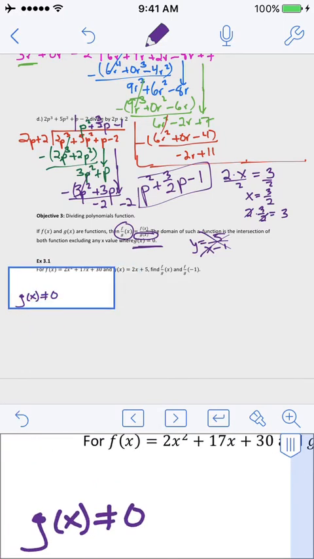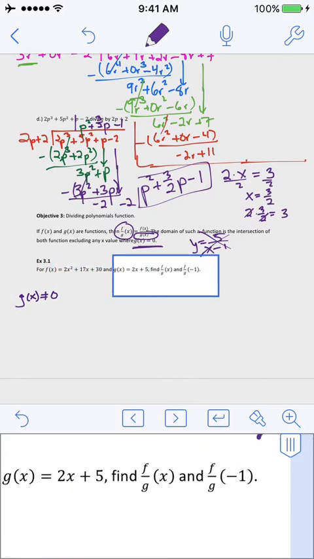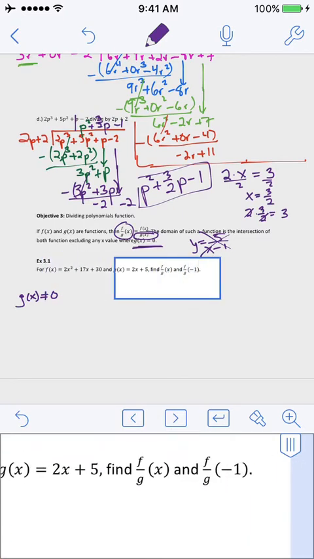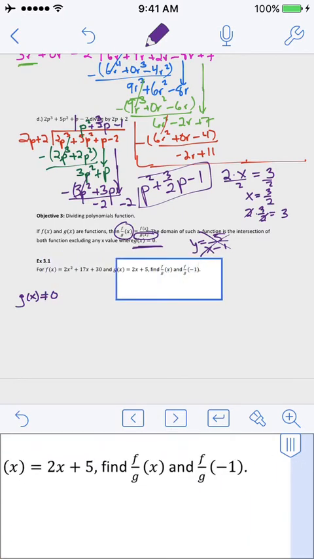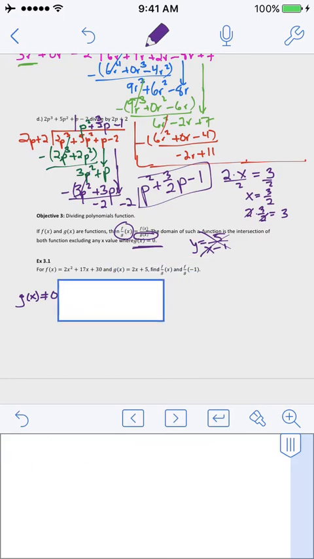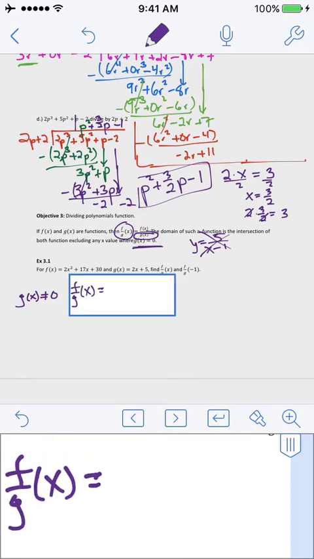Now that we've said that g of x cannot be 0, because we're trying to find f over g, f divided by g, we're going to do this the same way we've been doing any other function problem. We're going to plug in what we know to f and to g. So we have f divided by g of x is equal to f of x over g of x.